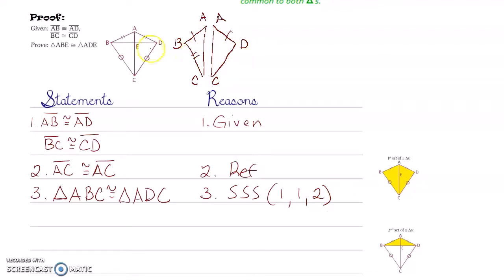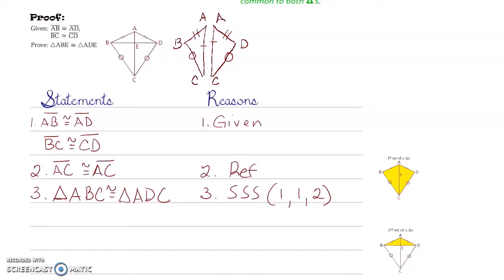And notice that my markings now don't match the original diagram, and they should. So I'm going to go back and change that. You want the tick marks to be consistent. I can't mark AC on the original diagram because of point E. So I'll just mark it on the separate diagram, which is also part of the reason you draw the second diagram.